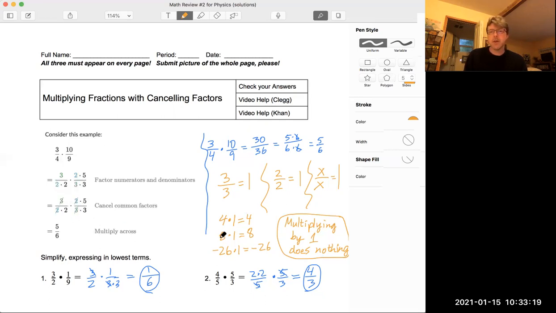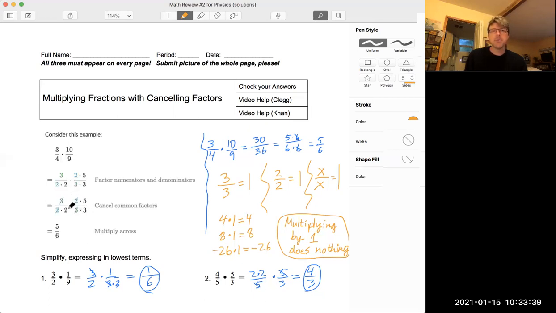It's kind of like if you wrote 8 times 1, you could just get rid of the 1 and write 8 all by itself. If you have 4 times 1, you can just get rid of that 1 and just write 4. Same thing here. If we have 3/3, we can just get rid of that and write whatever's left, because the 3/3 doesn't do anything.